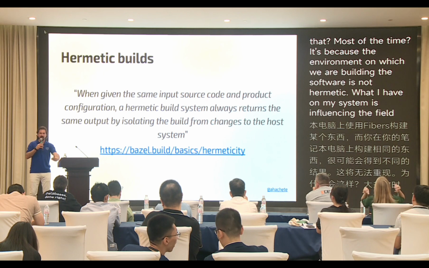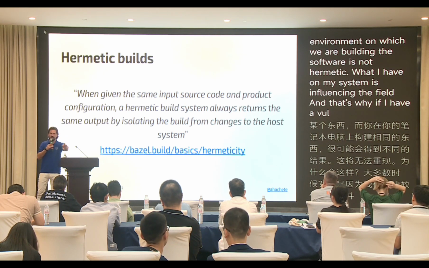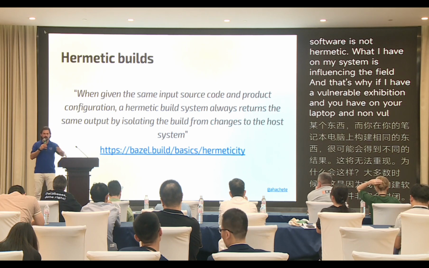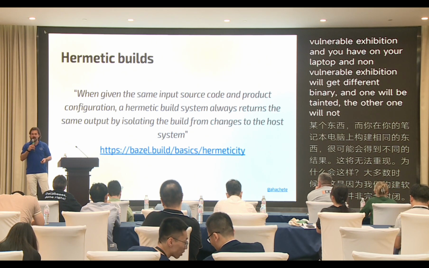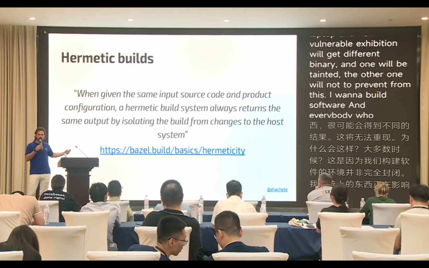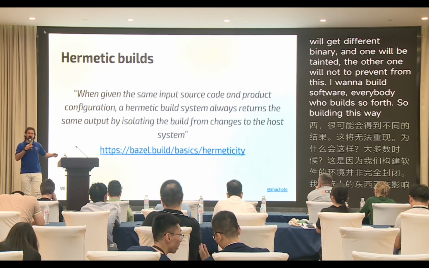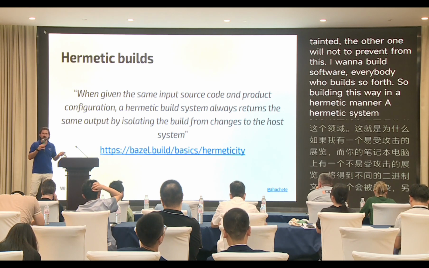That's why if I have a vulnerable xz version and you have on your laptop a non-vulnerable xz version, we'll get different binaries, and one will be tainted, the other one will not. So to prevent this, everybody who builds software should build in a hermetic manner. A hermetic system is one that is immune to the environment.